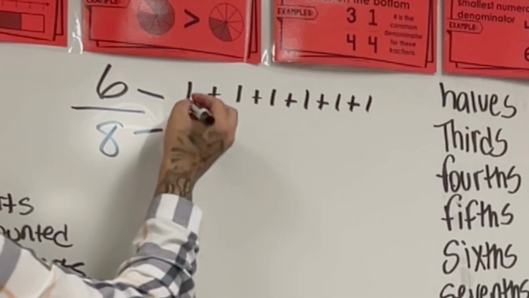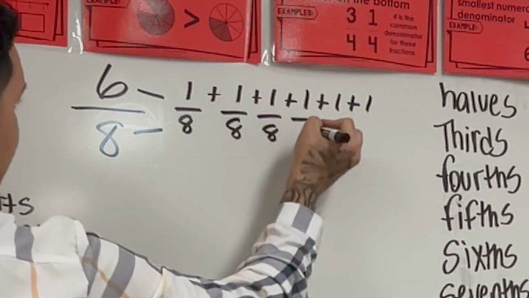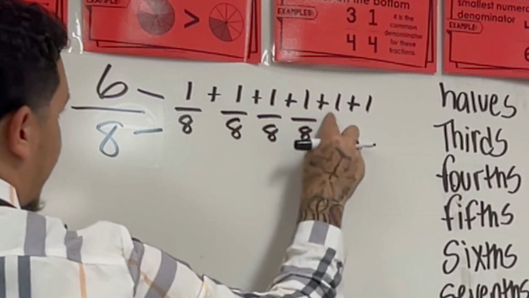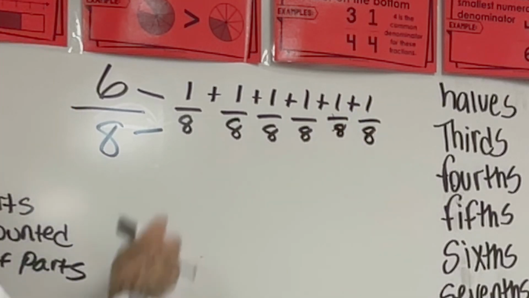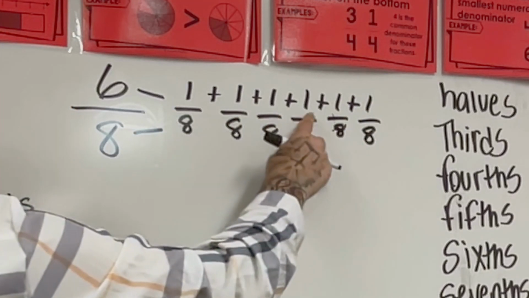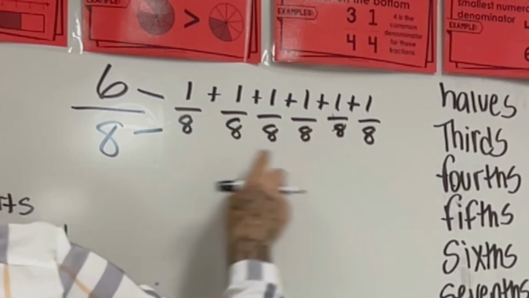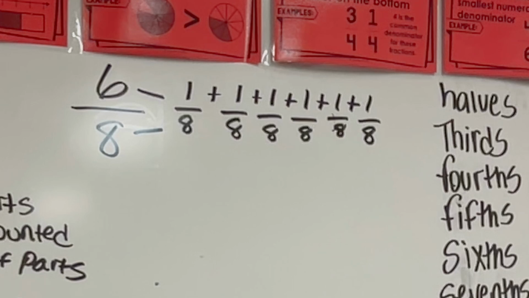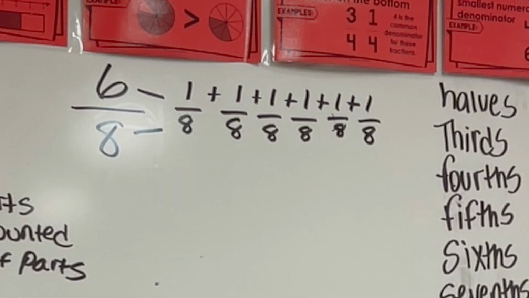So in this case, over 8 for every fraction we wrote. Okay, so 1 over 8 plus 1 over 8 plus 1 over 8 plus 1 over 8 plus 1 over 8 plus 1 over 8. 1, 2, 3, 4, 5, 6 equals 6/8. So your denominator stays the same and your numerator is represented with ones. You could also do the same thing as well.